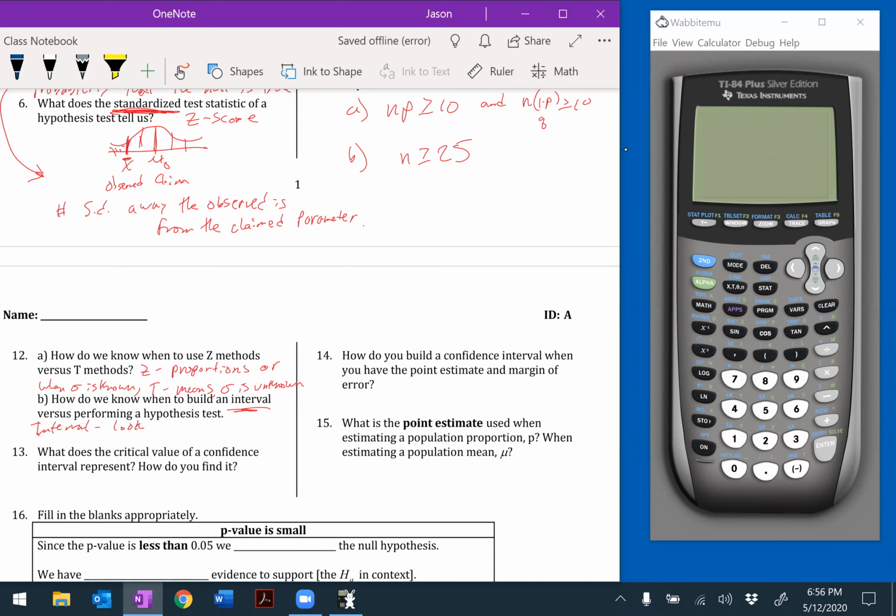A hypothesis test, we're comparing to a claimed value. For the interval, we don't have a claimed value. We're looking for the value. We just have statistics.